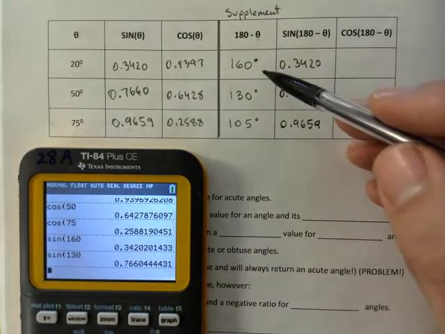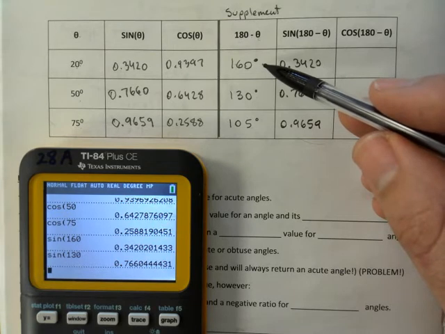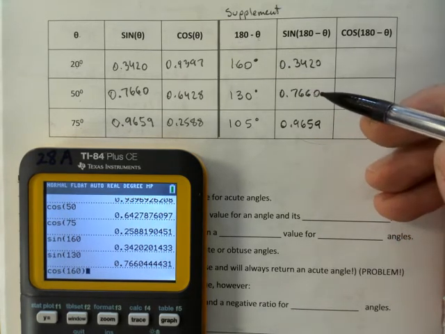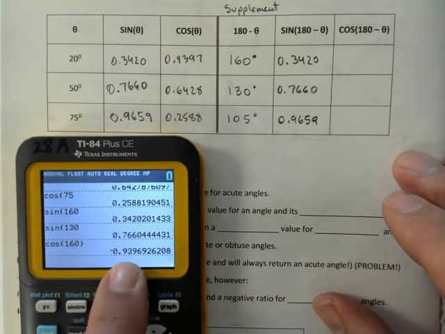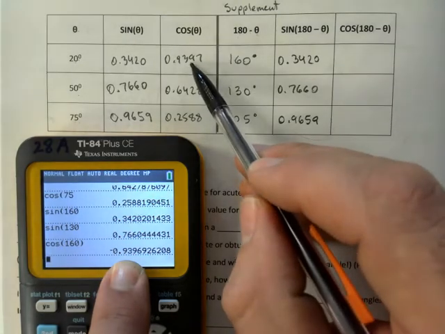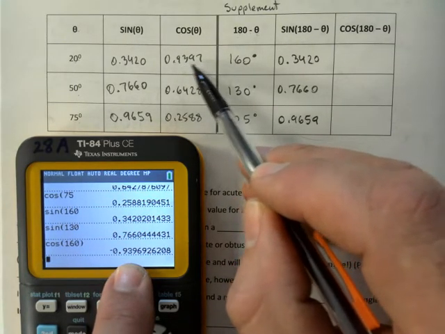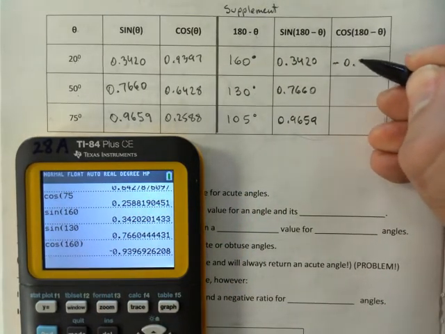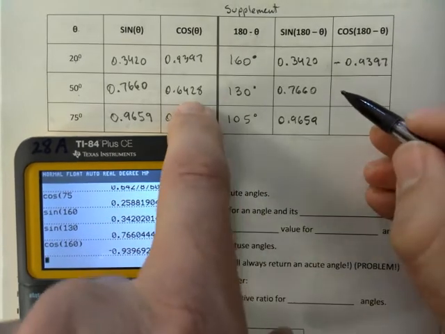And cosine, I kind of spoiled it already, right? It's not going to be a surprise here, but cosine of 160, what do we expect it to be? For sure negative, right? But there's something else cool about it. Watch. Negative what? You notice that that value is the same, 9397. It's the same value except it's negative. And so I'm going to cut to the chase, and I'm just going to copy.